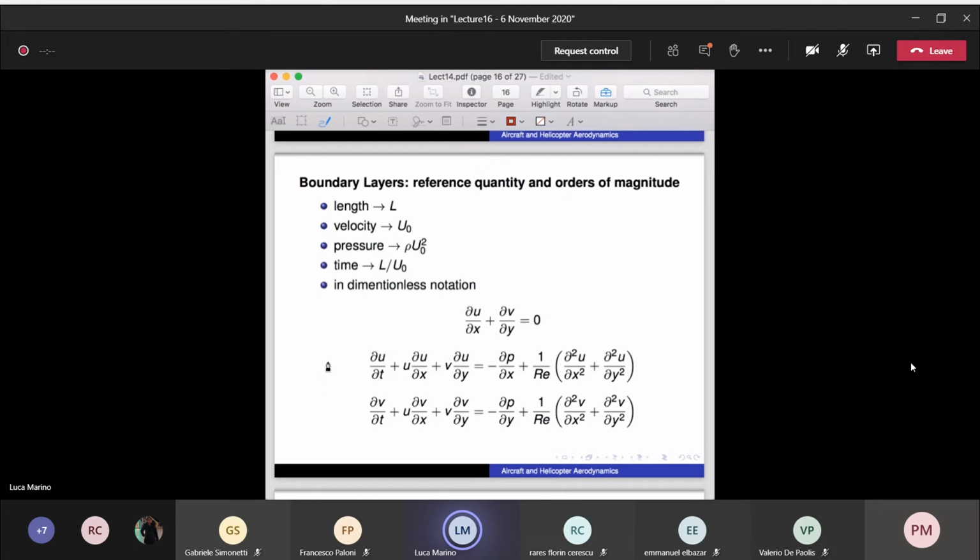Let me write the right-hand side. It will be minus rho, the square of u0 over L. Then I have the gradient of pressure in non-dimensional terms, plus what I have in front of the diffusive term.